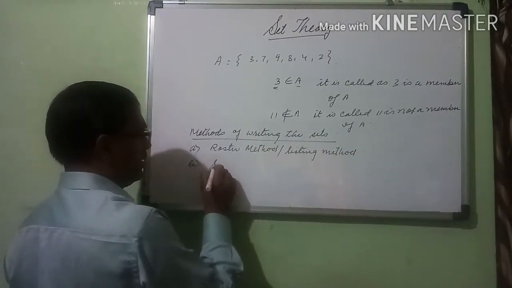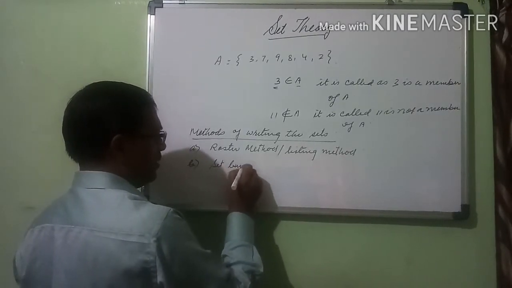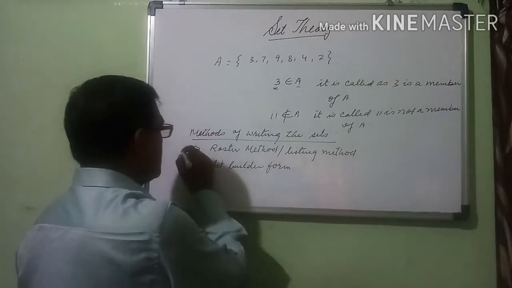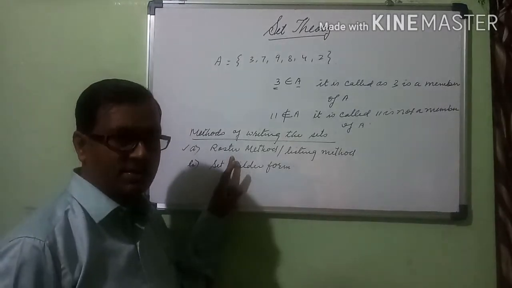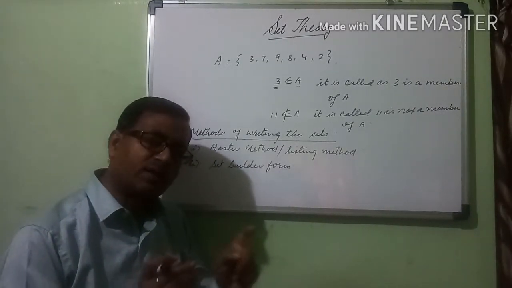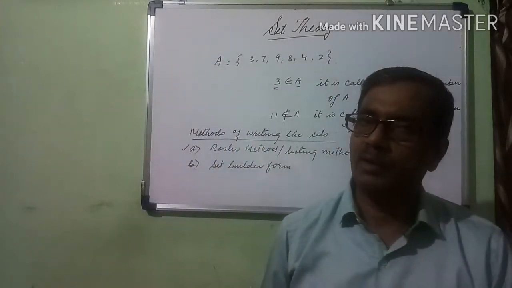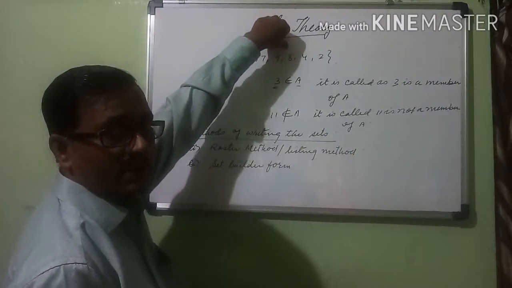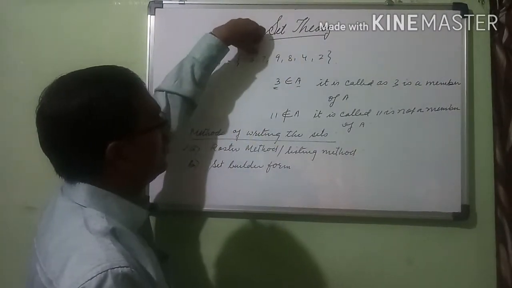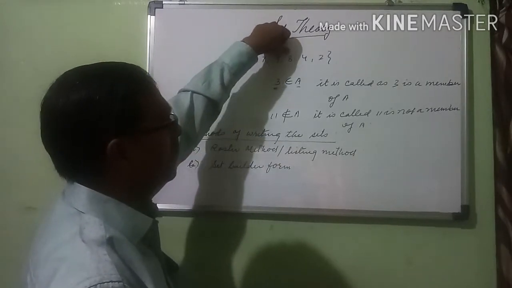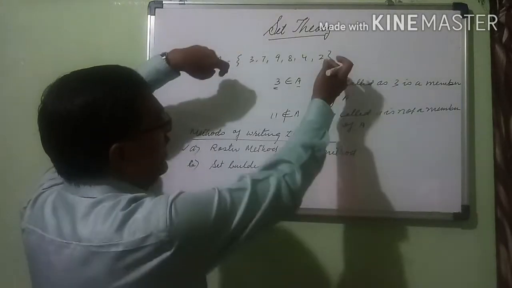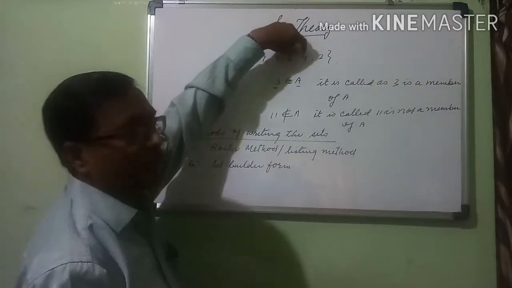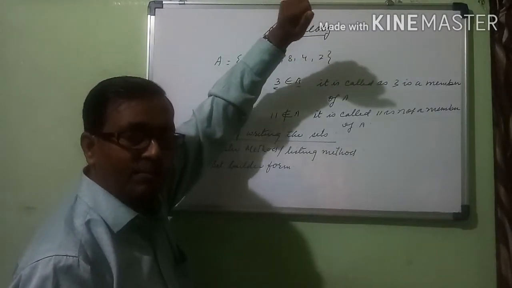Second is set builder form. In this case, what we do, we write the elements in a curly bracket with a comma between two consecutive members. Like A is a set of natural numbers. So it is given 3, 7, 9, 8, 4, 2. All the elements are written in a curly bracket, as well as there is a comma between two consecutive members.